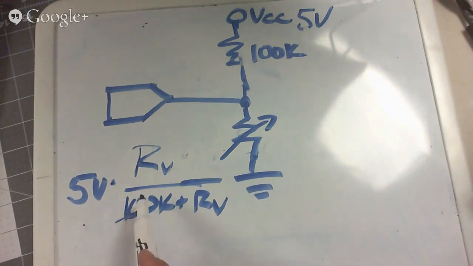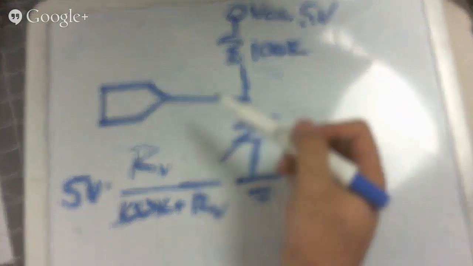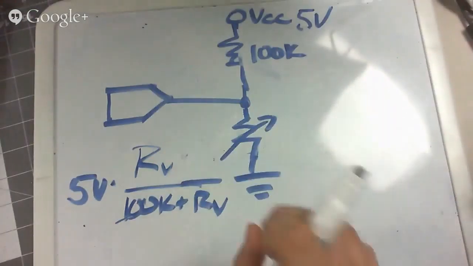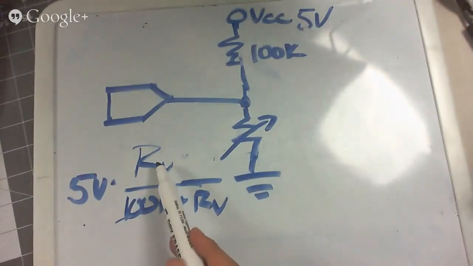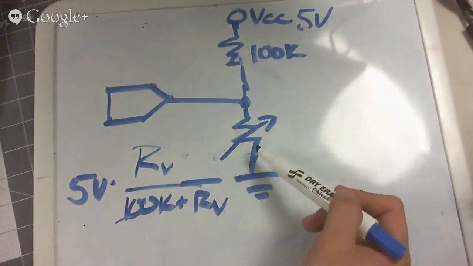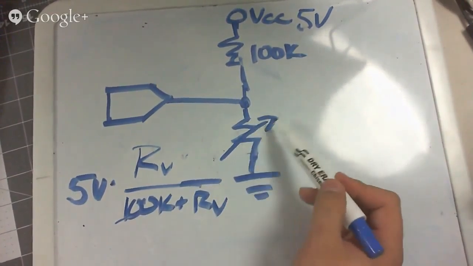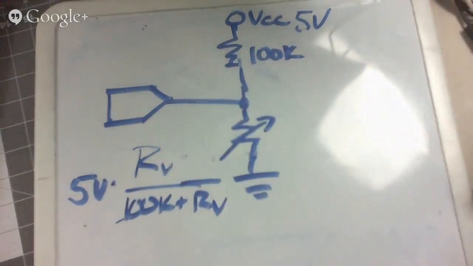Is 1. 5 times 1 is 5. So basically, when this resistance gets really high in this configuration, I'll see a 1. And if I crank it down and go the other way, if it's really, really low resistance, well, 0 over 100 is 0. 5 times 0 is 0. So when I have a really low resistance, I'll see 0 volts.